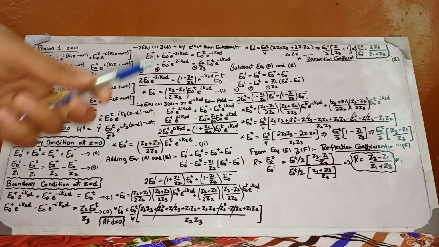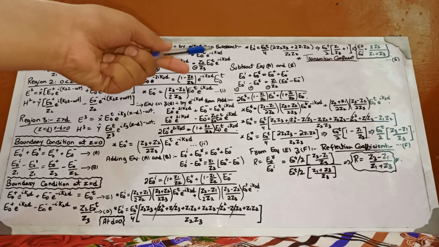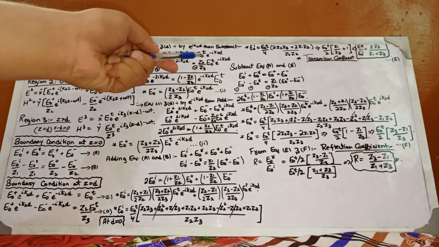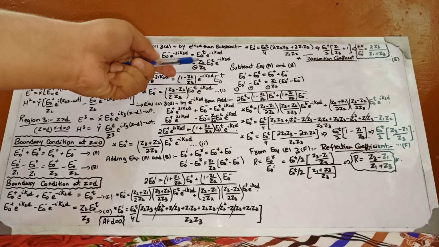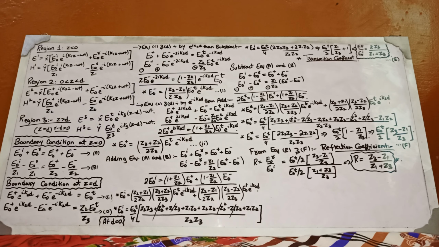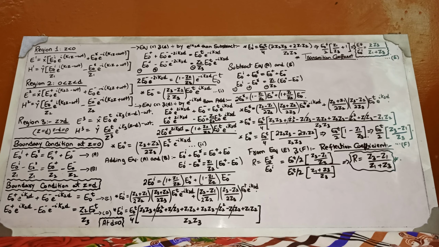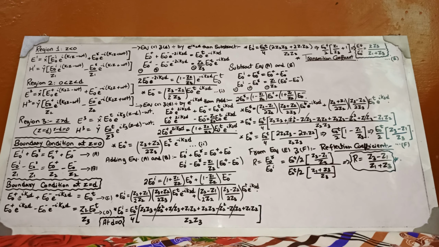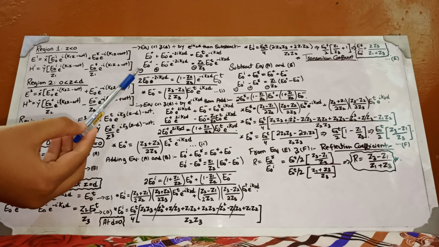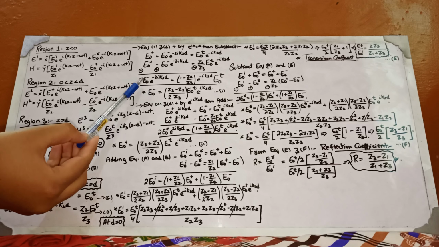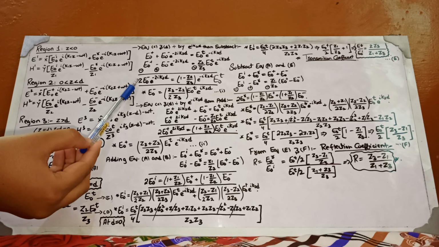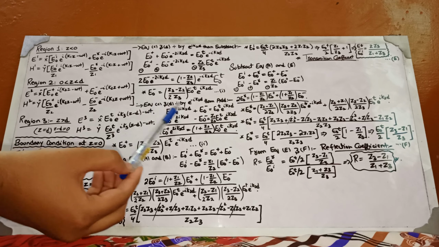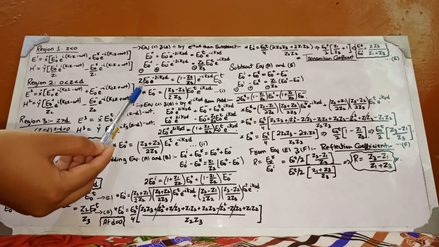So take E0t common and e^(-iκd) taking common, you will only be left with 1 minus Z2 by Z3. This is because we are going to solve the relation for E0-. So what we have to do is only be left with E0-, and we have to divide 2 and e^(-iκd) to the other side to be left with E0-.